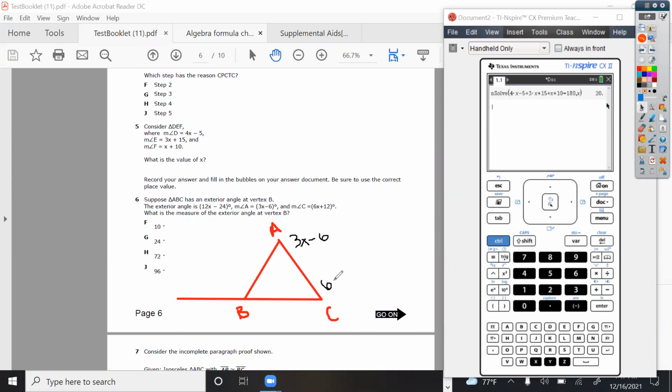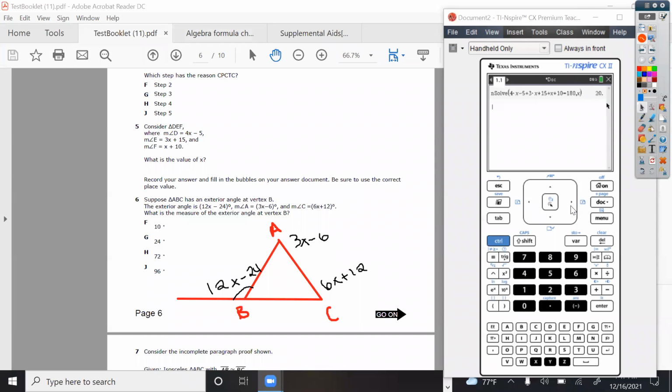This is 6x plus 12. And this is 12x minus 24. But that's not it. So we're going to have to solve for x. Then it says, what is the measure of the exterior angle at vertex B? So we're looking for this measure here.